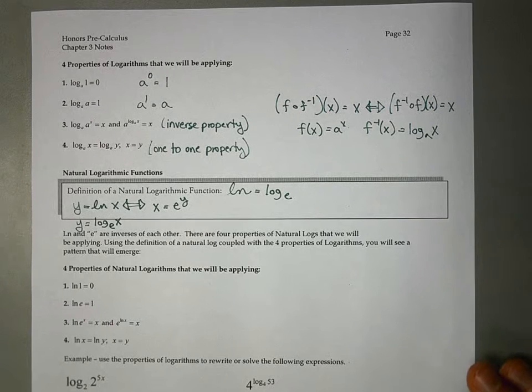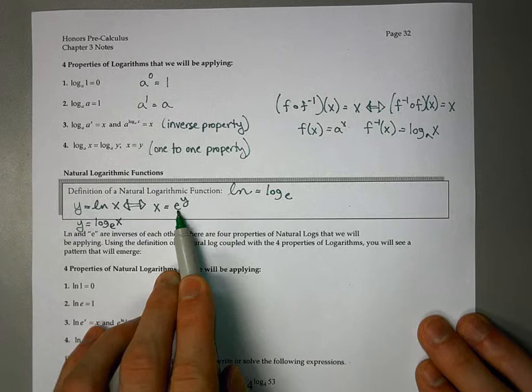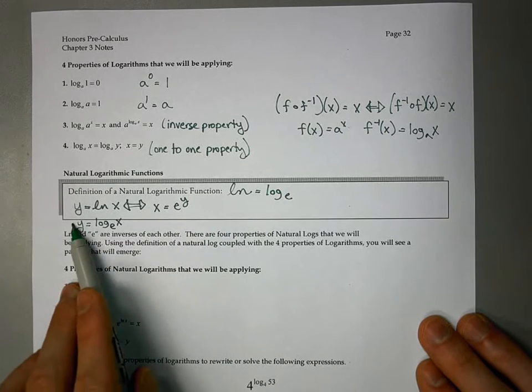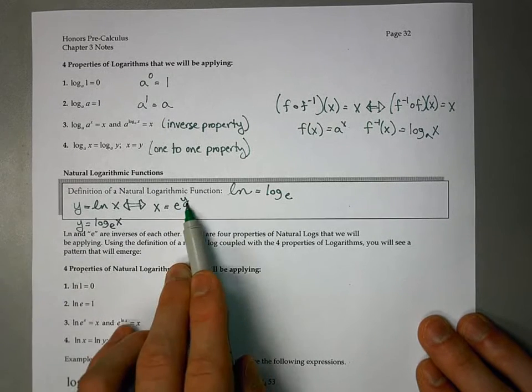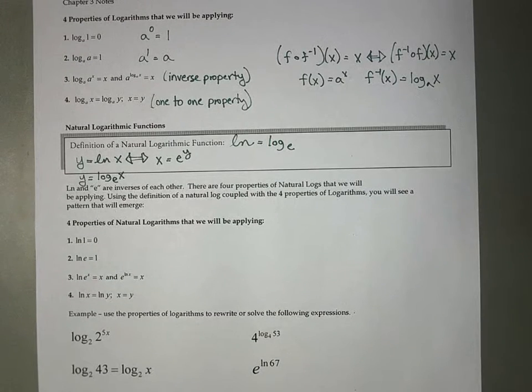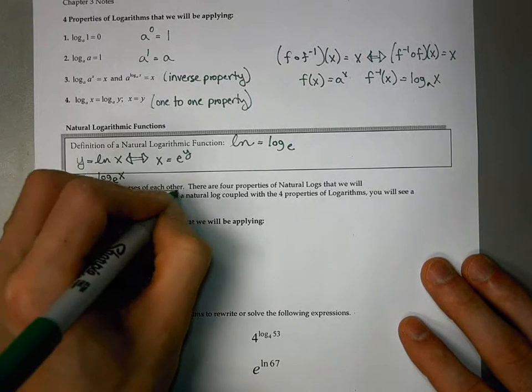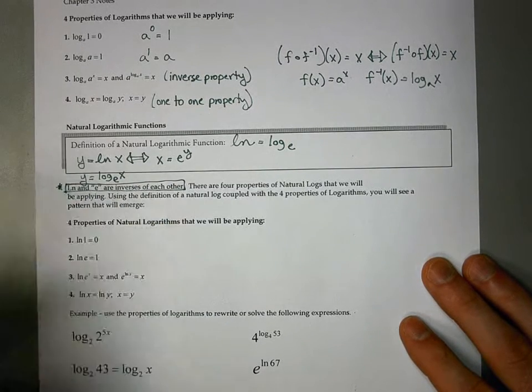And if I look at it from that perspective, I can see the base of my log is the same as the base of the exponent. The answer to the log is just my exponent, which is there. And the big key here is that the ln and e are inverses of each other. They are going to cancel each other out.